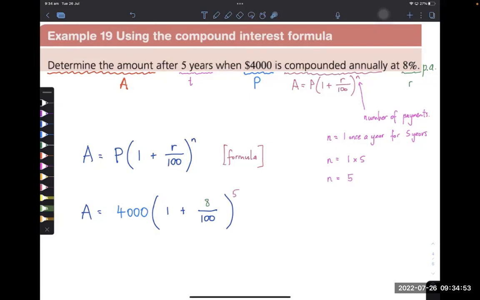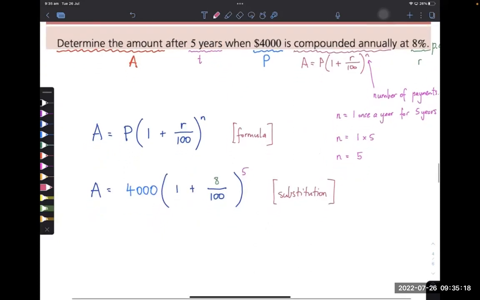Yep, because you can see here, N is 5. N equals 5. So we've got all of our ingredients. Notice this T equals 5 years. That worked into this section here. So this step here was substitution. What's our final step? Answer.